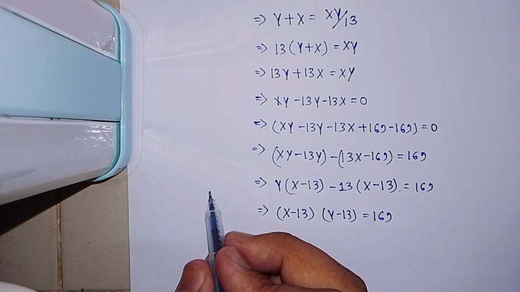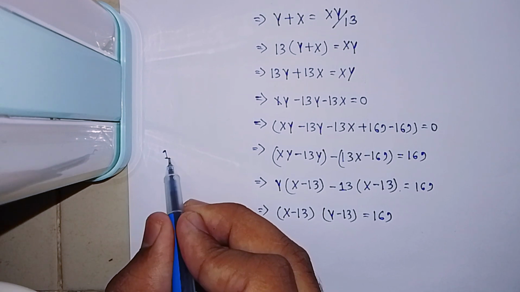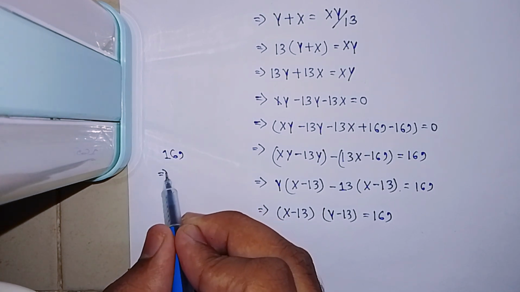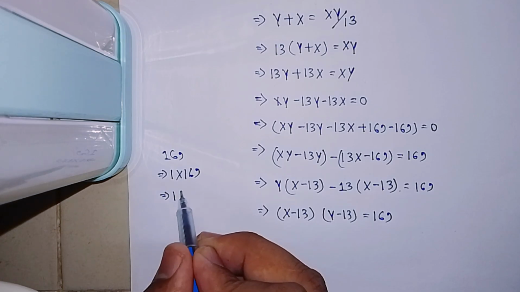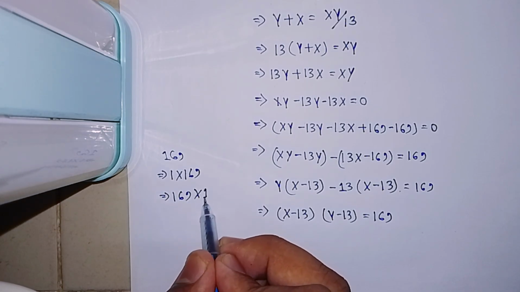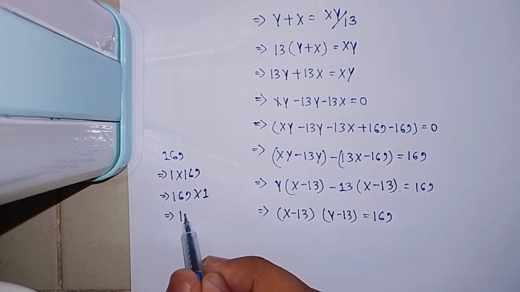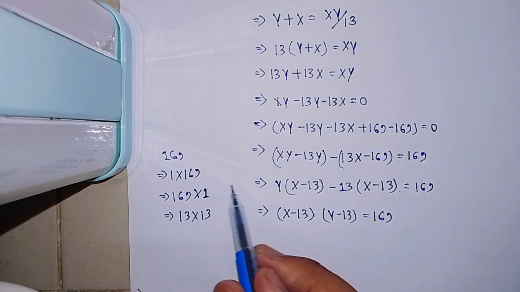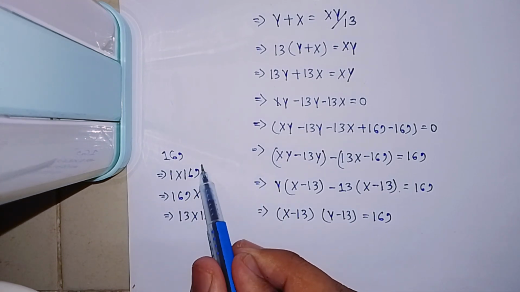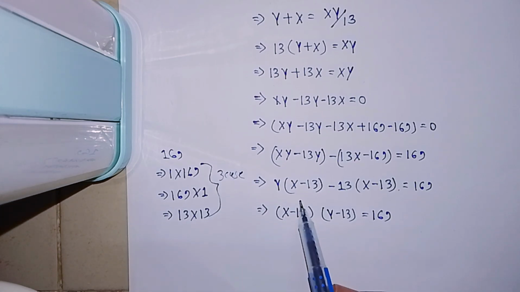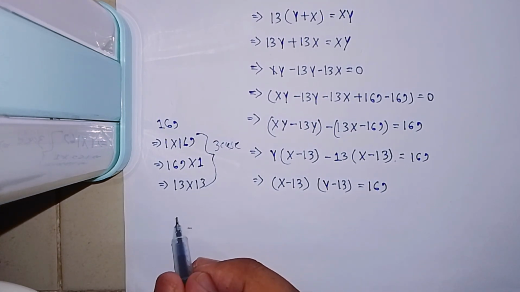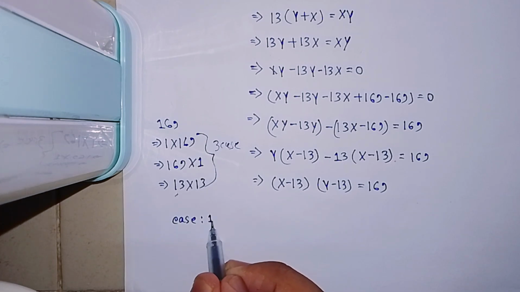So here we can get 3 cases for 169: 1 times 169, or 169 times 1, or 13 times 13. We have to start with the first case, 1.